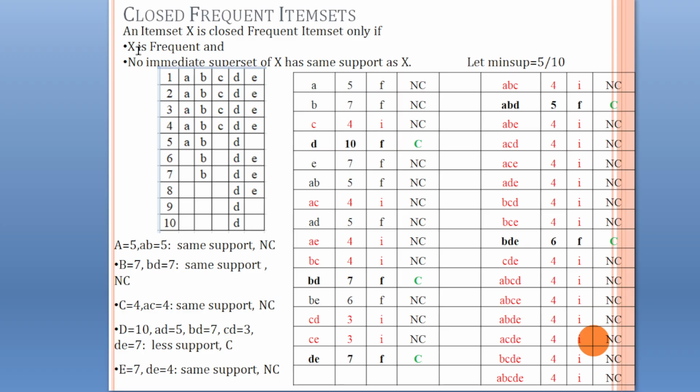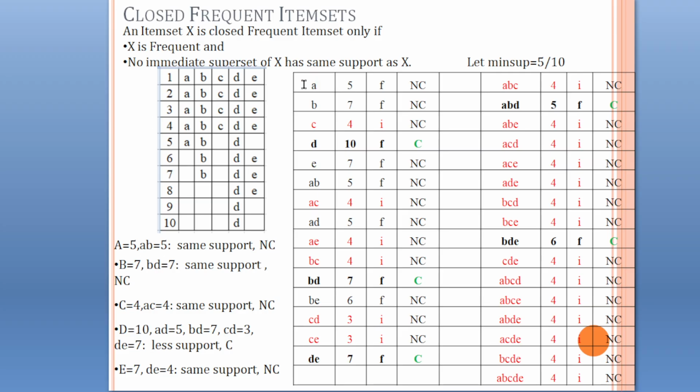So the first condition is X is frequent, so we'll be checking only those items which are frequent, and for all infrequent items we have already written now. The second condition is no immediate superset of X has the same support as X.